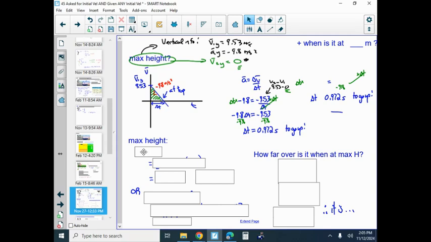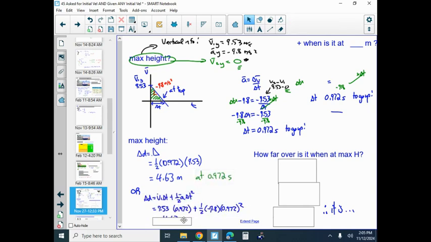Then for the maximum height, we're going to need to find that delta dy, right? We could look at the formula for the area and get it, or we could look at the formula from the equations. Either way, same results.